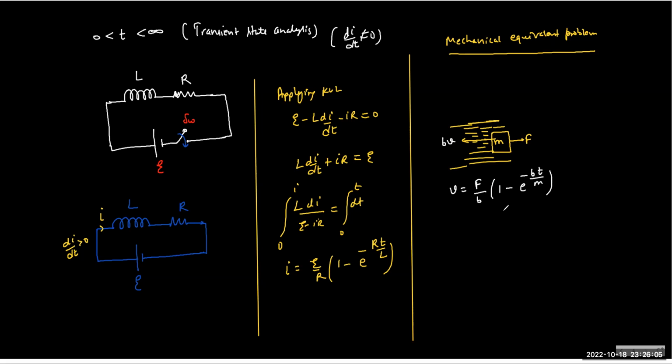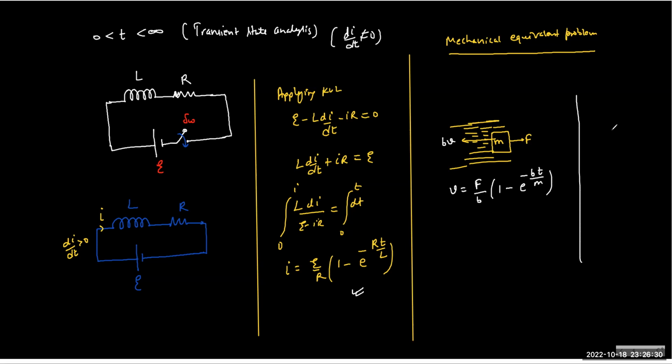So you can see it's very similar to a problem like finding the velocity of a body having force F applied to it, where the drag force is proportional to velocity. In that case, you can write this answer directly if you know this one, or vice versa.